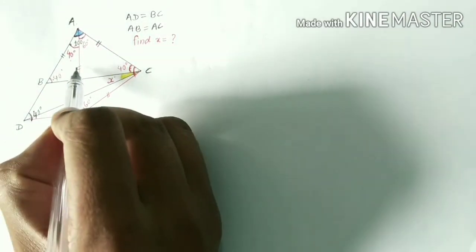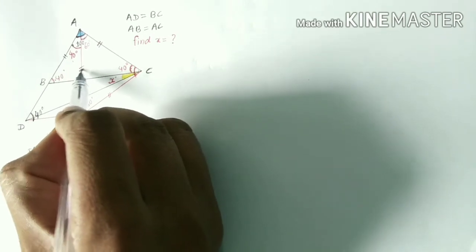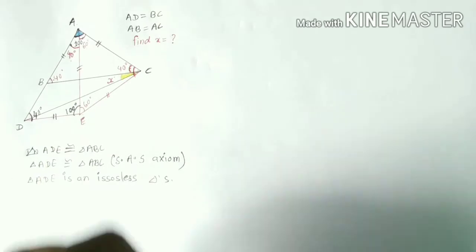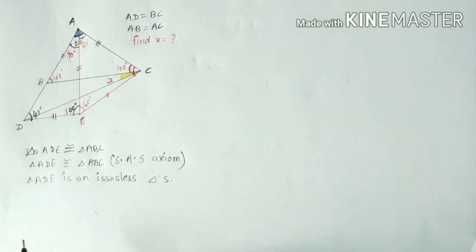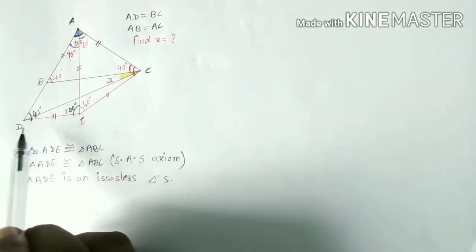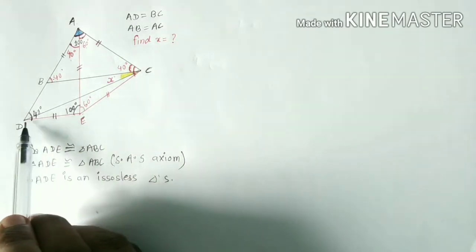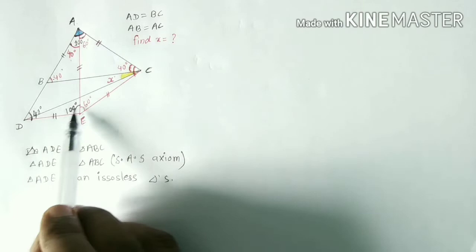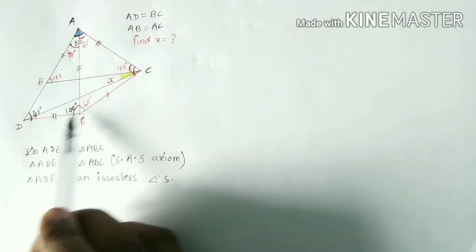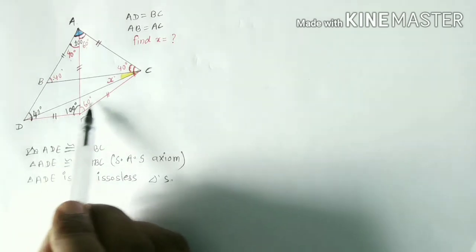So if triangle ADE is an isosceles triangle, it means these two sides will also be equal. Now we can see triangle DEC also becomes an isosceles triangle, because its two sides are equal.